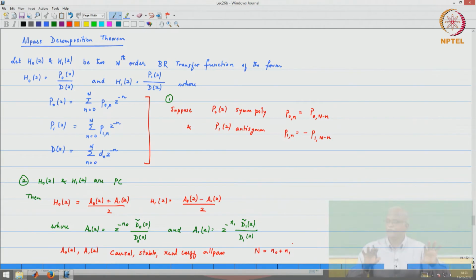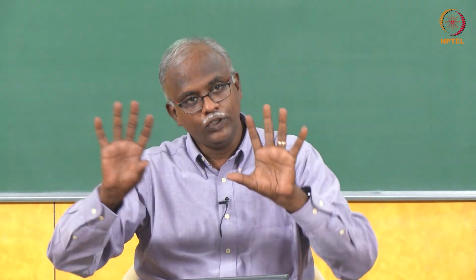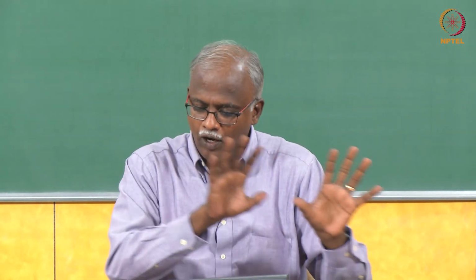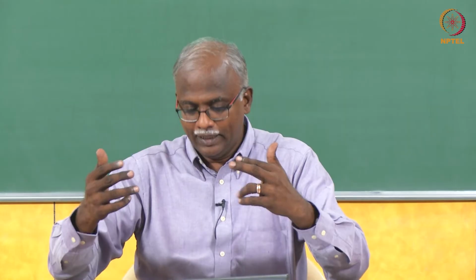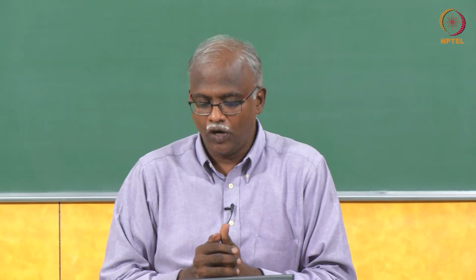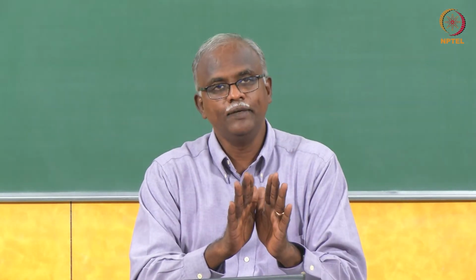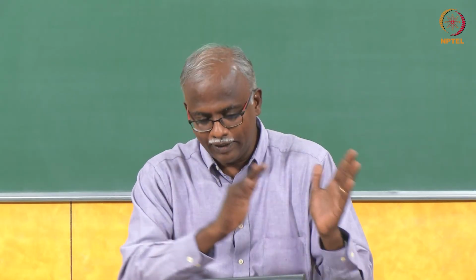So basically what you have done is split the Nth order transfer function into two transfer functions, one of order n0 and one of order n1. They are two all pass functions of those orders, and by combining them you are getting the final structure.